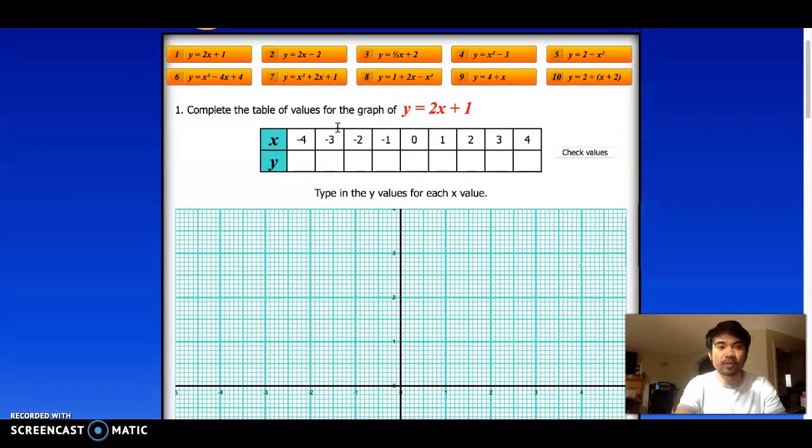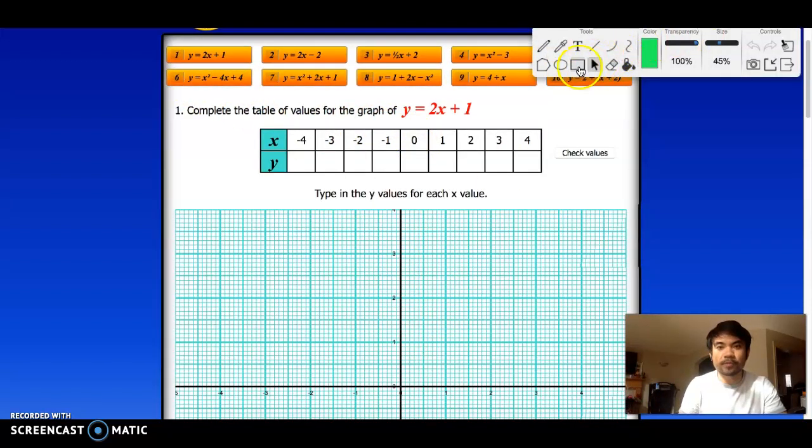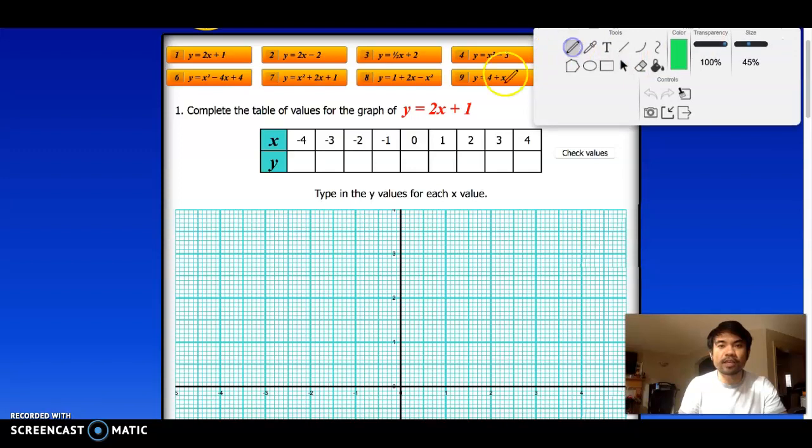So I have an example over here, 2x plus 1. So we can always start from the origin, right? So let's start. So if my x value was 0, what is 2 times 0? 2 times 0 is 0, and then 0 plus 1 is 1, okay?